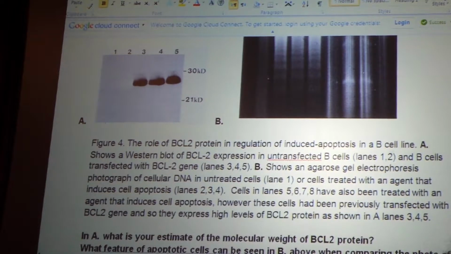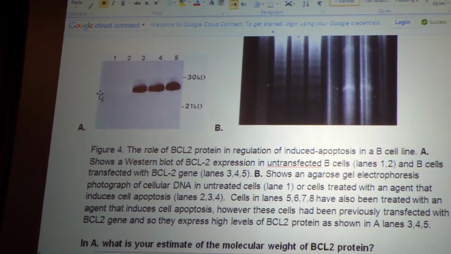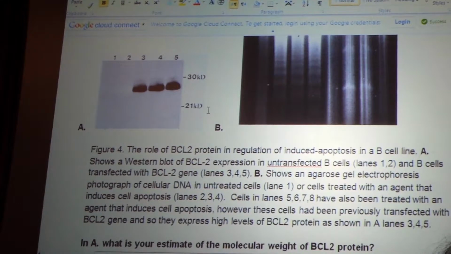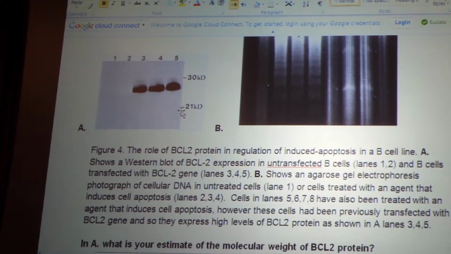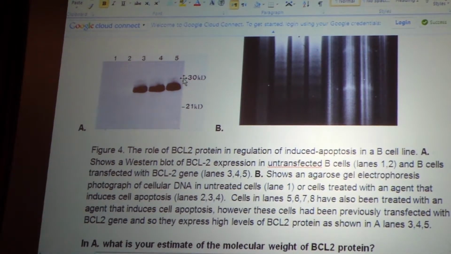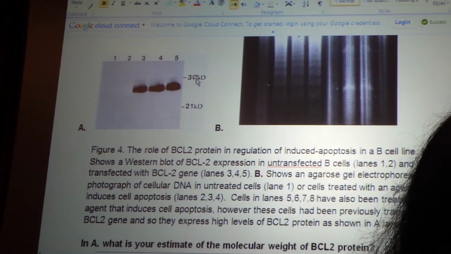So you need to understand what a Western blot shows. A Western blot shows essentially protein expression. Usually you have size markers, and they're not shown on this image, but we have an indication by the arrow here of the size of a 21 kilodalton protein, and up here is the size of a 30 kilodalton protein.